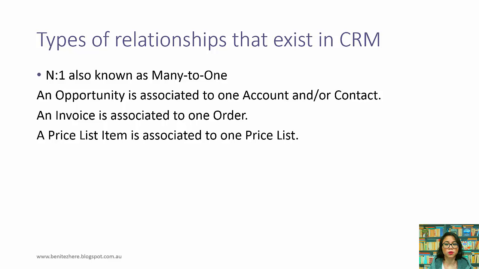Here are some examples: an opportunity is associated to one account or contact. You have an invoice that can only be associated to one order, and the same applies for a price list item, where it needs to be associated to one price list. All of the relationships that I'm listing right now for these entities are the standard ones that come out of the box in CRM.